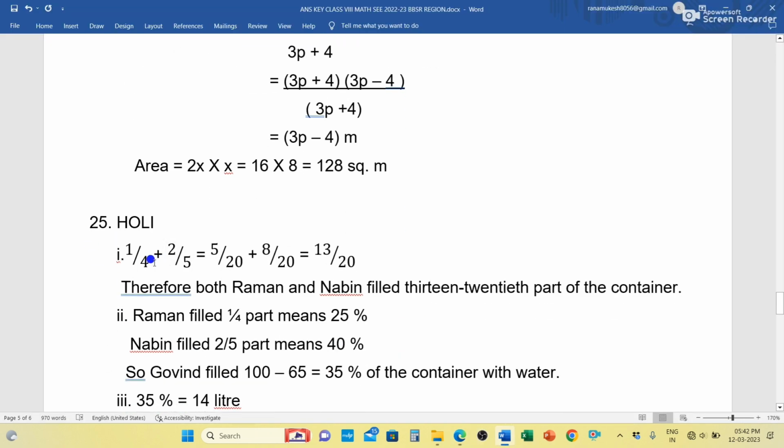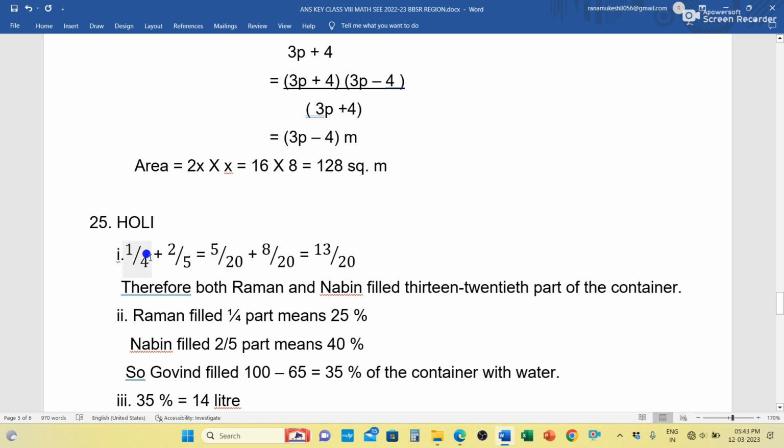So Raman filled 1/4, Navin filled 2/5. So you have to add 1/4 plus 2/5. You know what we call an equivalent fraction. If you convert 1/4 into a fraction with denominator 20, you have to multiply both the numerator and denominator by 5. So 1 fives are 5, 4 fives are 20.